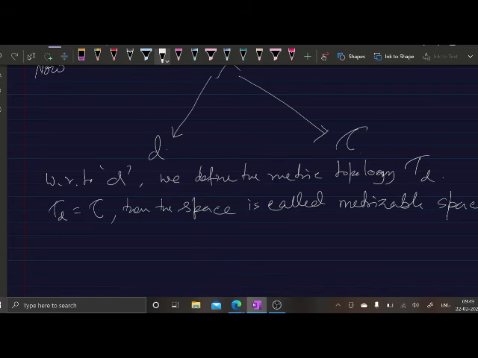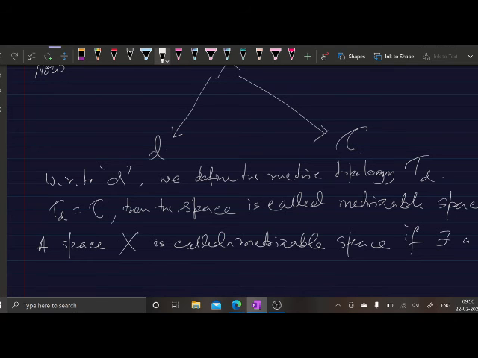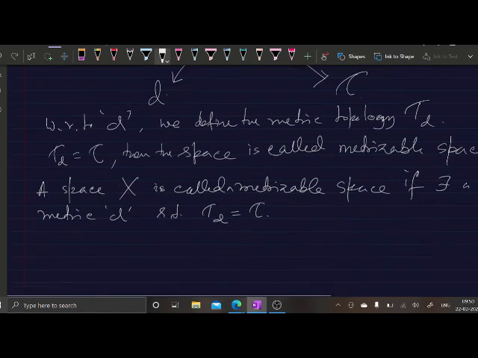So formally you can say that a space X is called a metrizable space if one can find a metric D such that the metric topology coincides with the given topology.